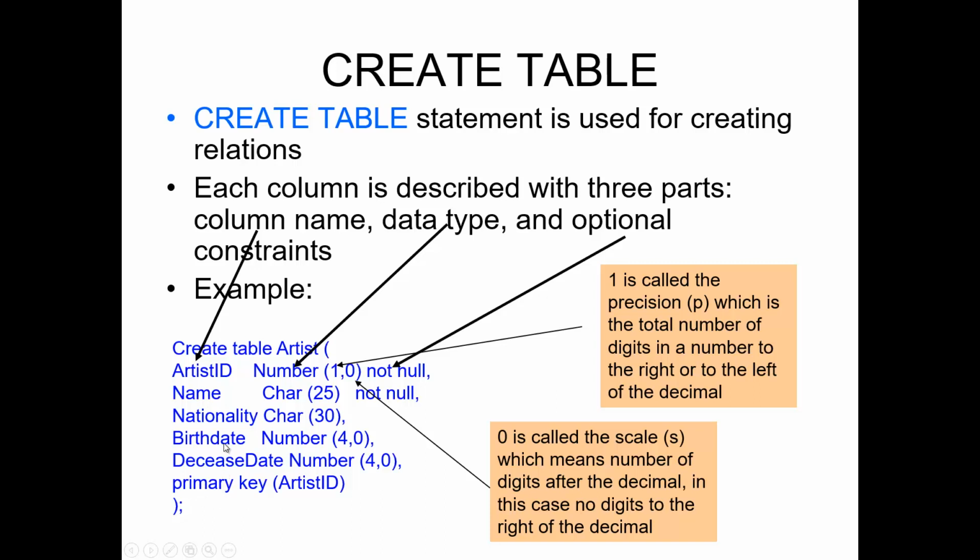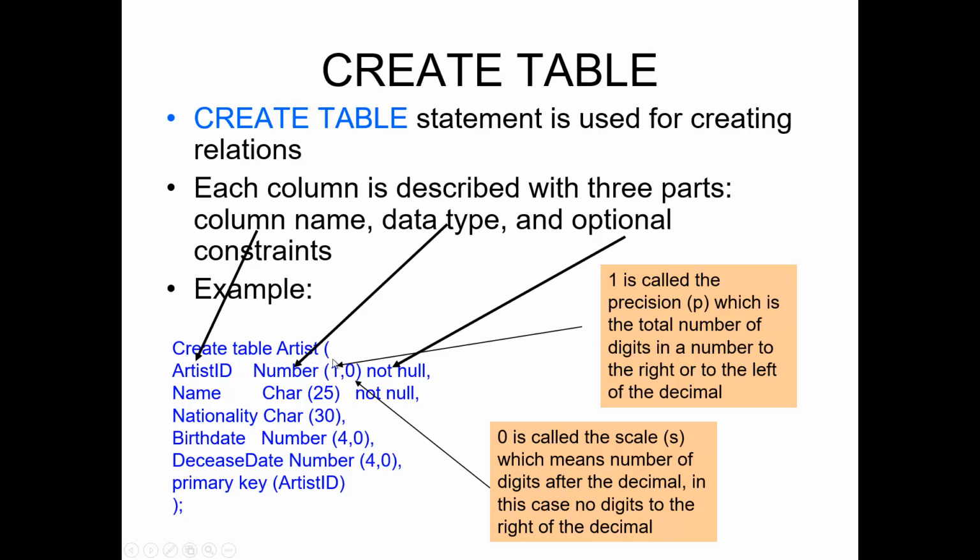As you can see from the code, we have the artist ID number with 1 and 0. The 1 in this case is called precision, which is the total number of digits in the number, to the right or to the left of the decimal.